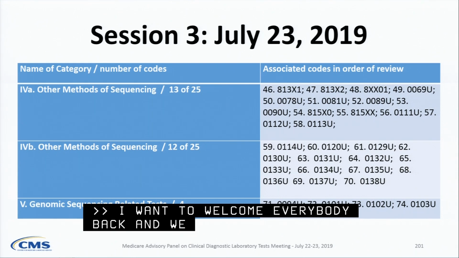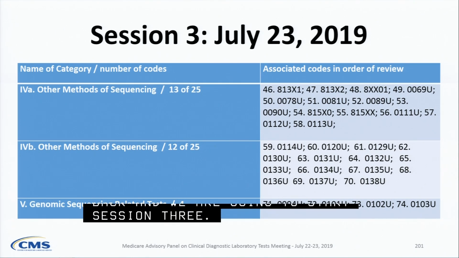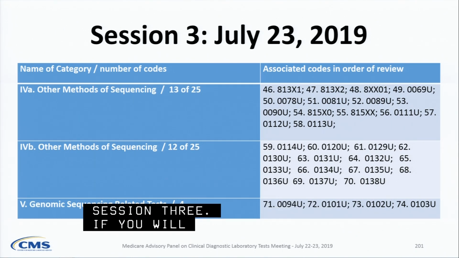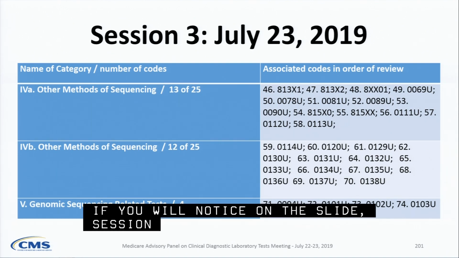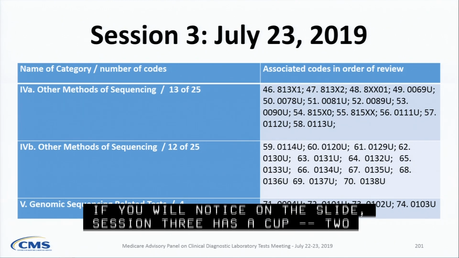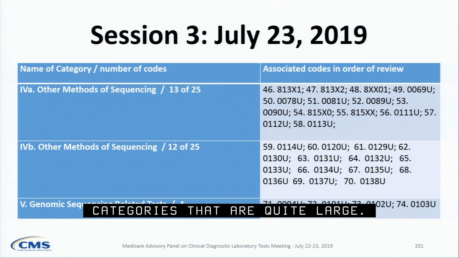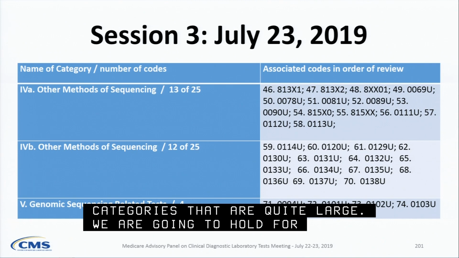You will notice on the slide, session 3 has two categories that are quite large. We're going to hold for a second so you don't have to listen to this twice. We're going to wait till the YouTube is up and running.